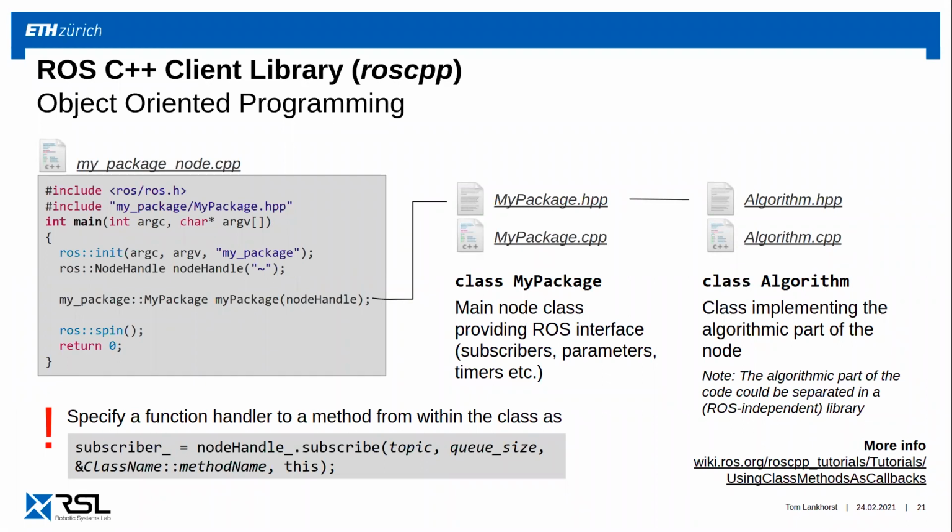So that's the pointer to the specific instance of your MyPackage. In that way, we instruct ROS, whenever it receives a message on the specified topic, to call the method name on that specific class with the instance defined by this variable.